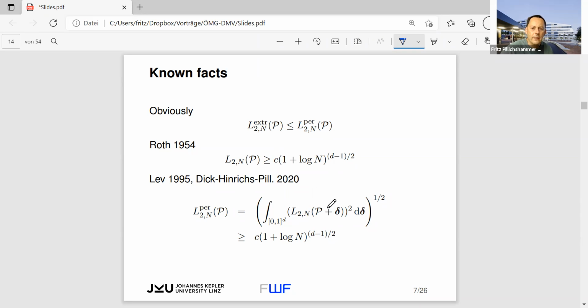So P plus delta means that we add this shift delta to any of the points of the point set, the same shift to every point. The root mean square is exactly then the L2 periodic discrepancy. Yes, and now it's clear, applying Roth's lower bound to the integrand here, we see that the same lower bound also holds true for the L2 periodic discrepancy.